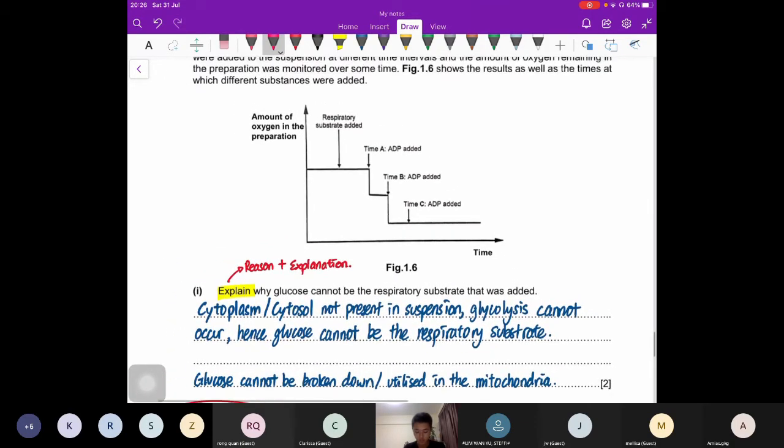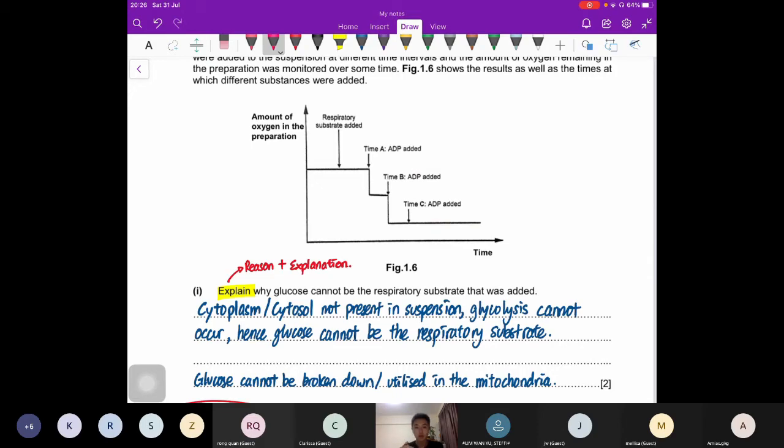First question is, explain why glucose cannot be the respiratory substrate that was added. So explain means reason plus explanation. The reason why it cannot be is because your cytoplasm/cytosol is not present in your suspension. Therefore, glycolysis cannot occur. The location of glycolysis is your cytosol, and that's why glucose cannot be added, because glucose is the beginning product of glycolysis.